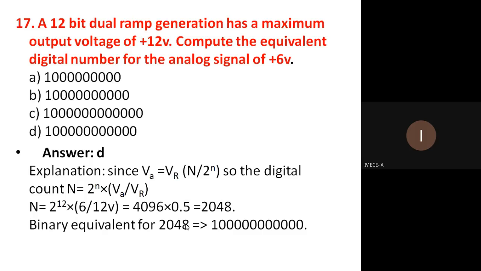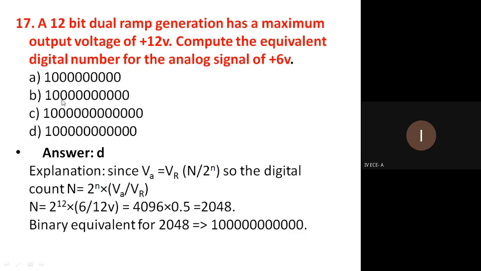Next question: a 12-bit dual ramp converter has a maximum output voltage of 12 volt. Compute the equivalent digital number for the analog signal of plus 6 volt. There are 4 options, right? A: 1, then 0, 0, 0, 0, 0, then 4 zeros.